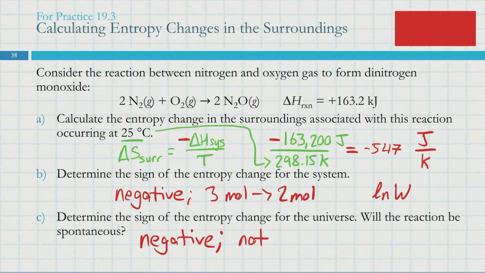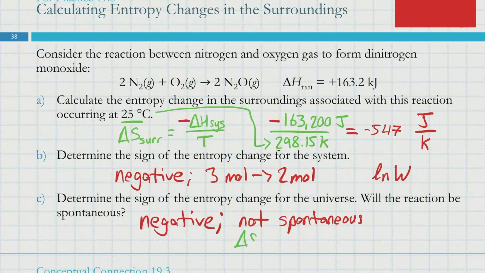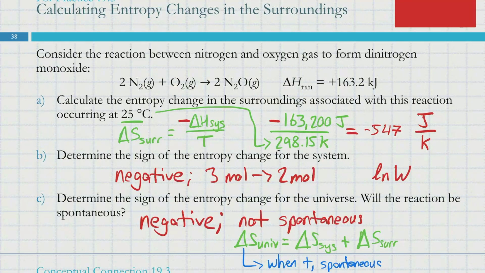So this one is also negative, meaning that it's not spontaneous. We would need our change in entropy of the system plus the change in entropy of the surroundings to be positive in order for it to be spontaneous.